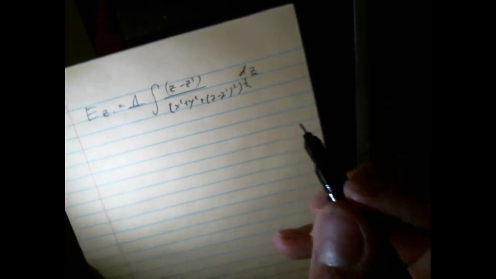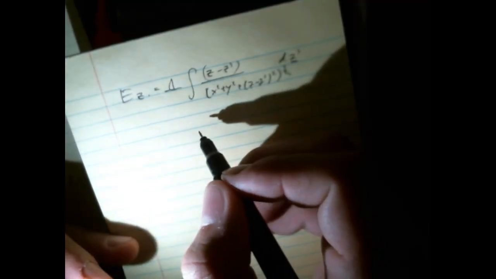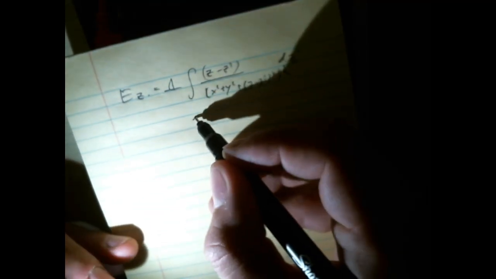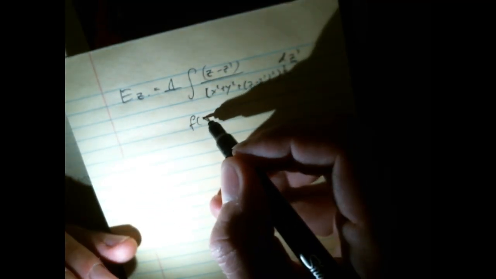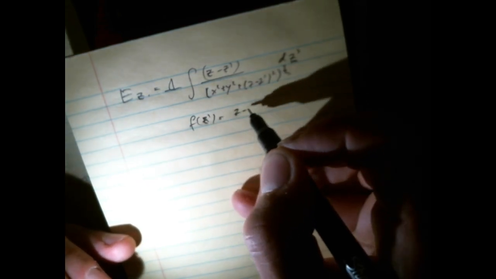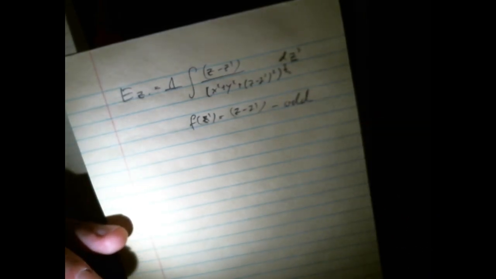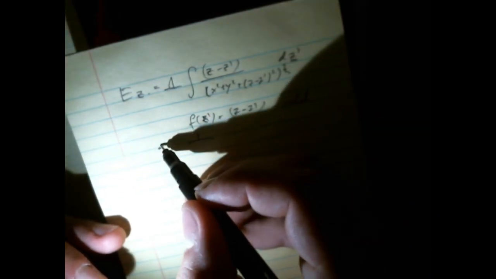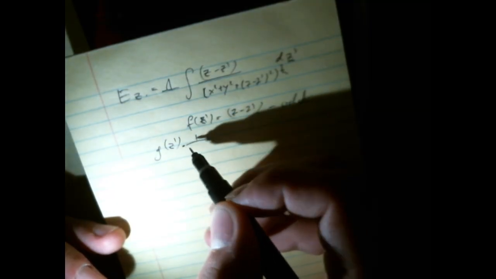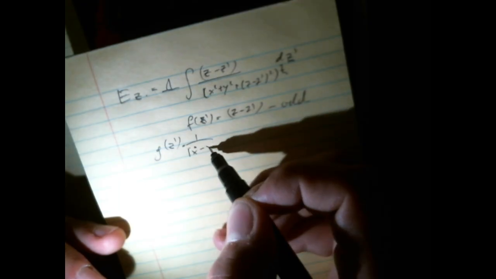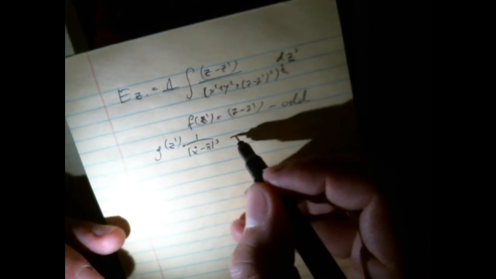And what we can do is take a look at this in terms of functions. We can define f of z prime equal to z minus z prime. This is an odd function. And we can define g of z prime as 1 over the displacement cubed, and we'll note that this is an even function.